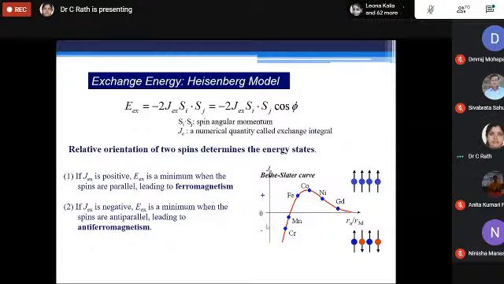So here one can see this Slater-Bethe curve where nickel, cobalt, iron have positive exchange energy, and manganese, chromium will have negative. So in iron, cobalt, nickel, iron has a higher magnetic moment, so saturation magnetization is higher, cobalt is lower, but Tc is higher in cobalt because of this high exchange integral.